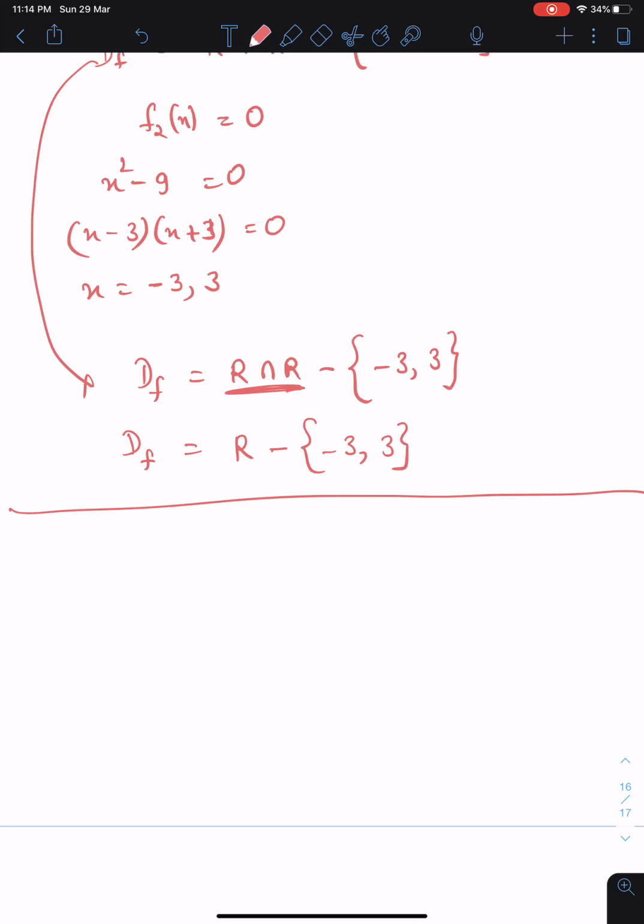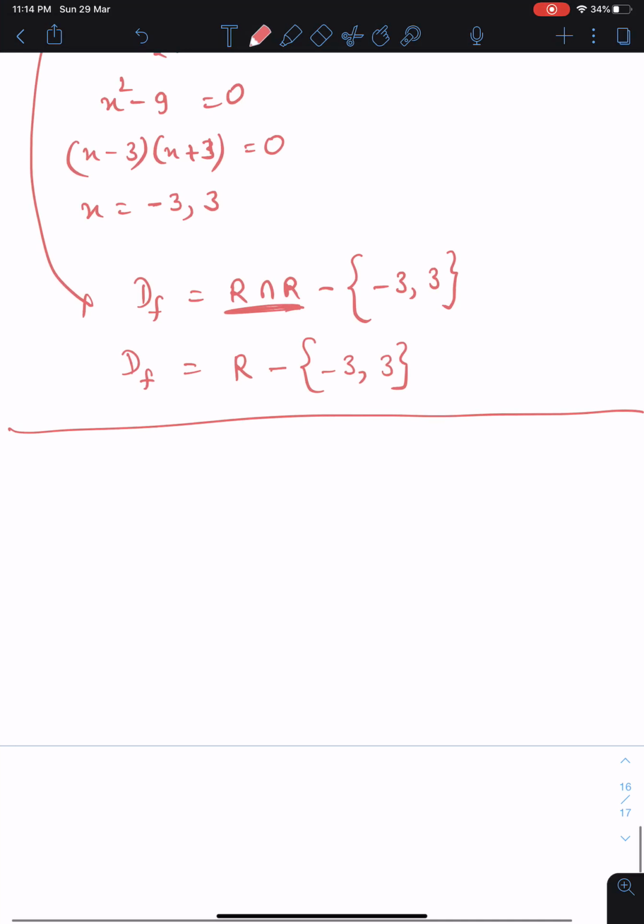So whenever these kinds of questions are given, you are supposed to use this trick. Okay, let's take one more example. Let's say I ask you f(x) is equal to 2x upon (x square minus 9). You can just pause the video and try on your own, and then you can tell me the answer.